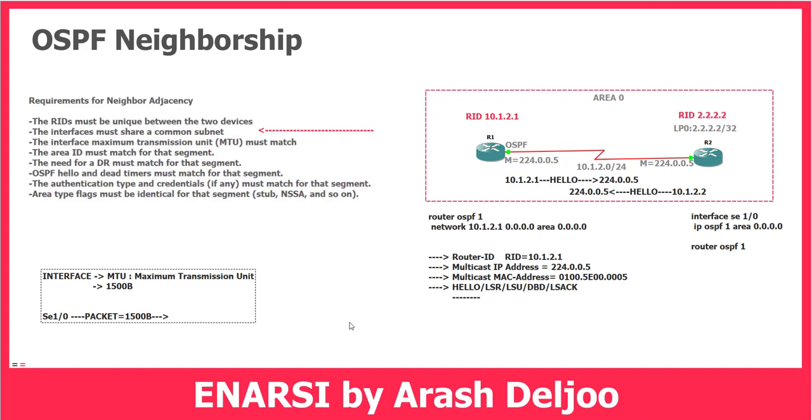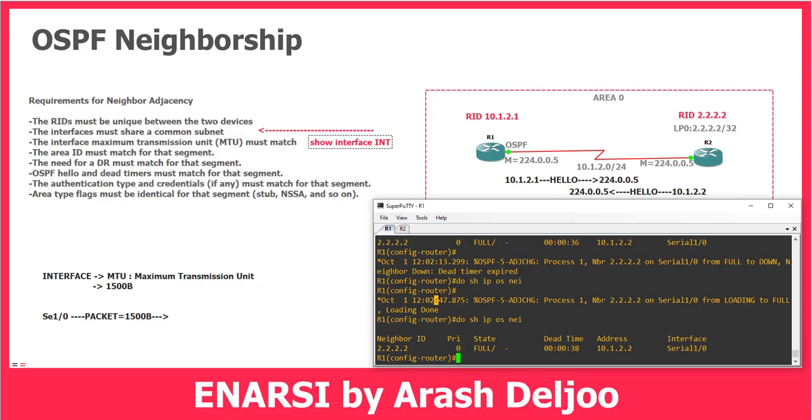Let me show you, for example in router 1, you can use the show interface command to verify this. Show interface, then the interface name, and you can verify the MTU of the interface. In router 1, do show interface serial 1/0.